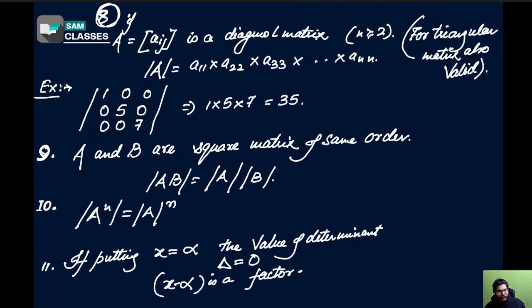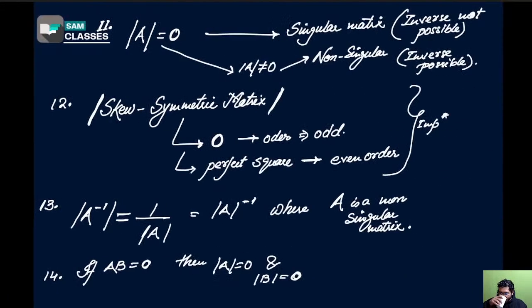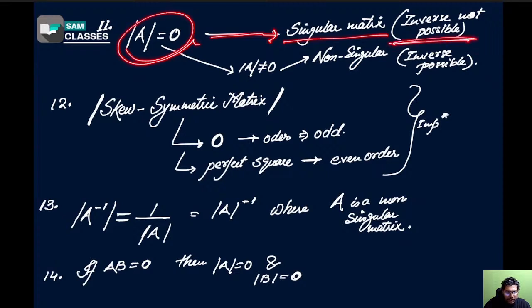Okay, now next. Understand this point, very important. Determinant of A is 0. So it means what? Singular matrix, inverse not possible, because we know 1 by 0 is not defined.